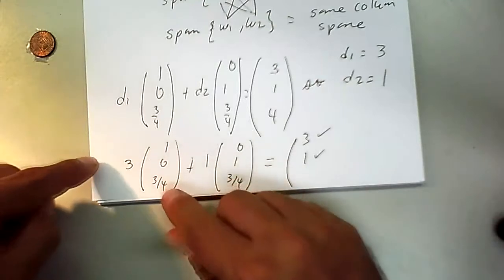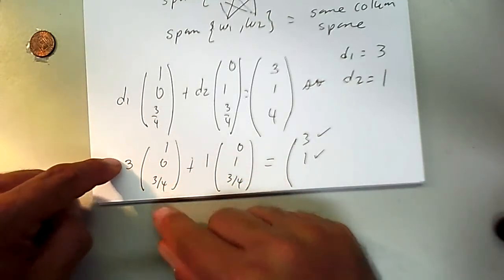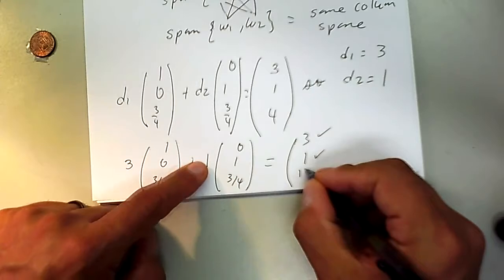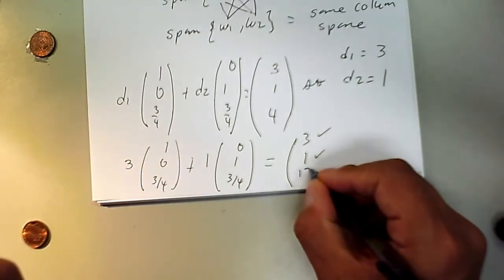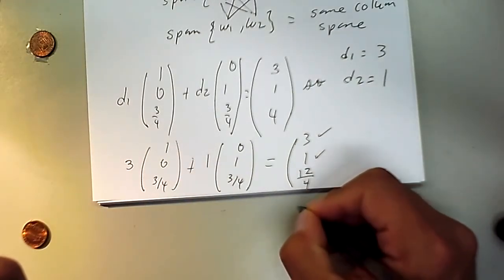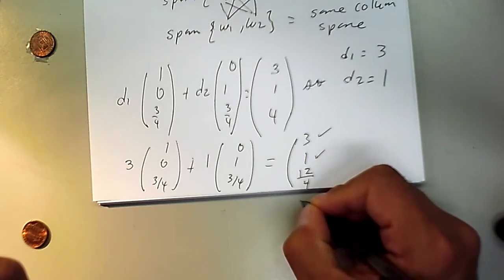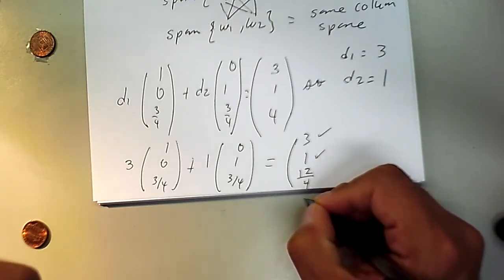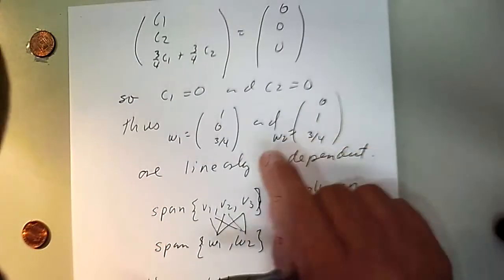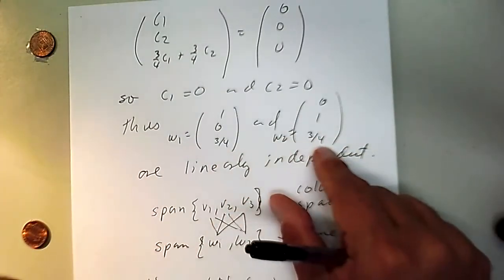Yeah. 9 fourths plus 3 fourths is 12 fourths. That doesn't work, does it? 3/4.